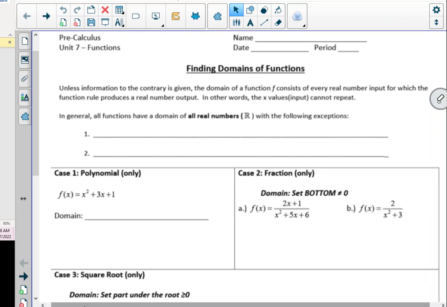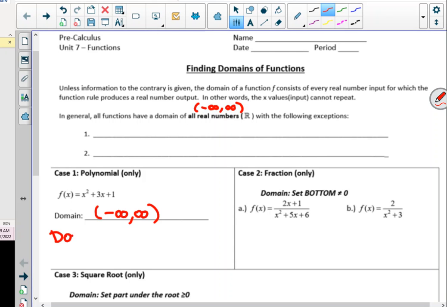Polynomials and lots of other functions that are not polynomials have a really basic domain of all real numbers, or negative infinity to infinity. Okay. And so when you're looking at just a polynomial, which is like in case one where you've got just a sum or difference of powers of x or powers of some variable, your domain has nothing to worry about. It's negative infinity to infinity.